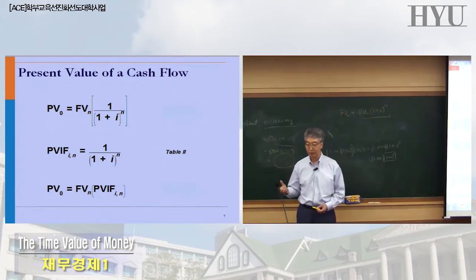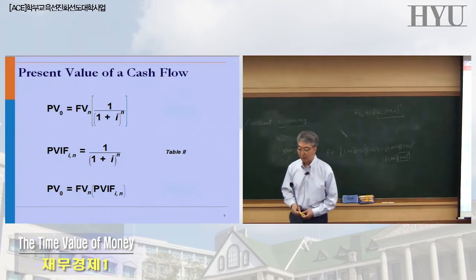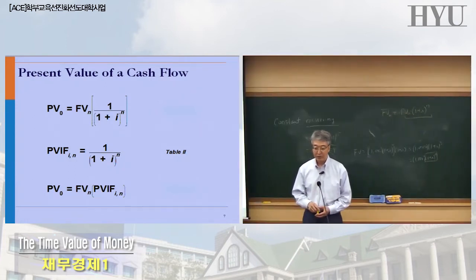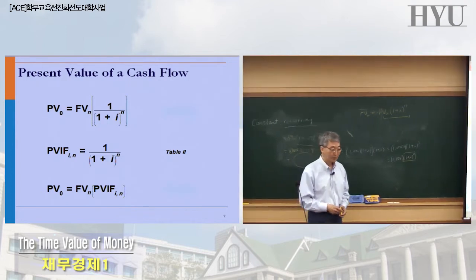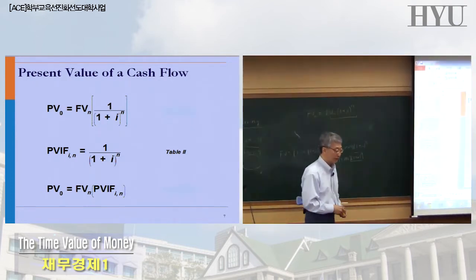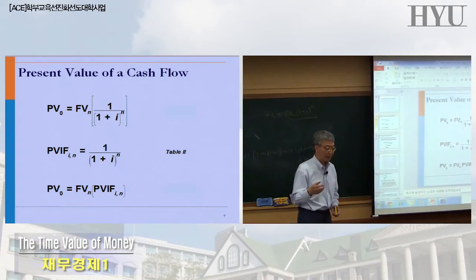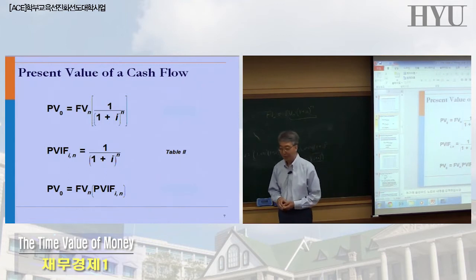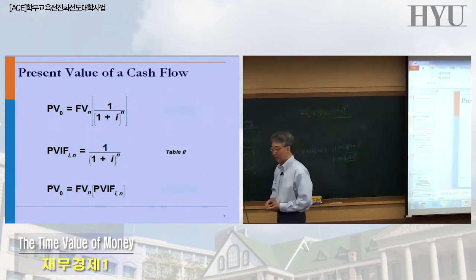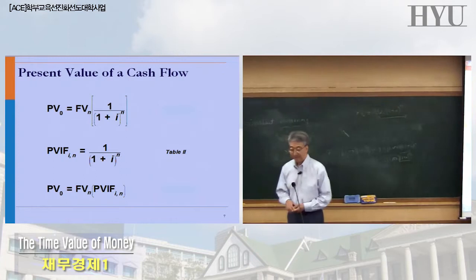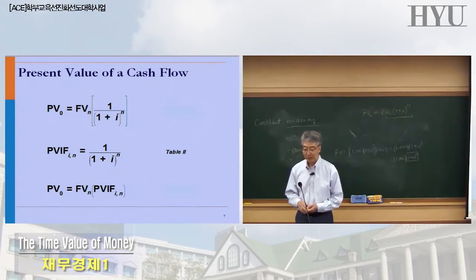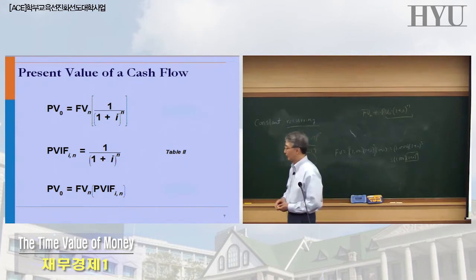Your friend says, let me borrow some money from you, because I have some source and about 3 years later I'm going to have some cash, so I can give you $10,000 3 years later. How much are you going to lend him or her?